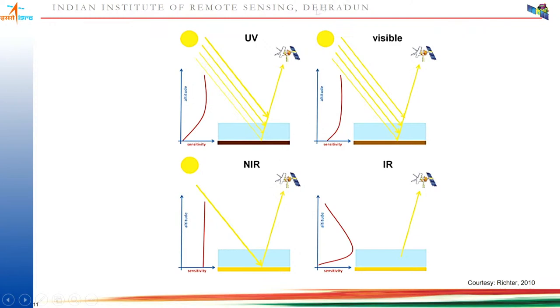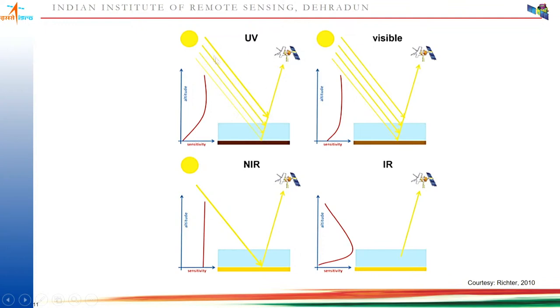If you see in the ultraviolet region, the energy received at the satellite level is backscatter from different layers of the atmosphere. Rayleigh scattering is most important here, because the majority of the photons are scattered from the lower troposphere before reaching the surface.